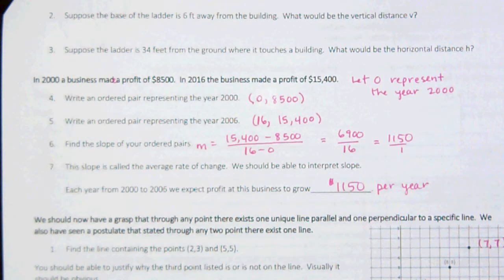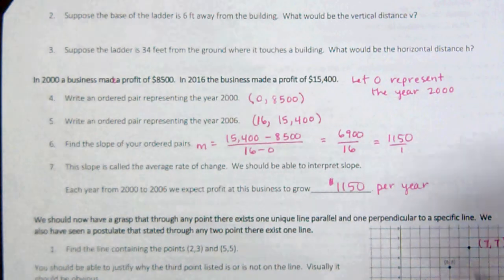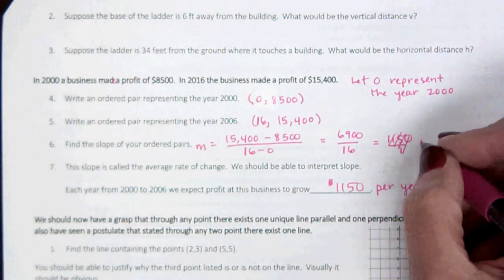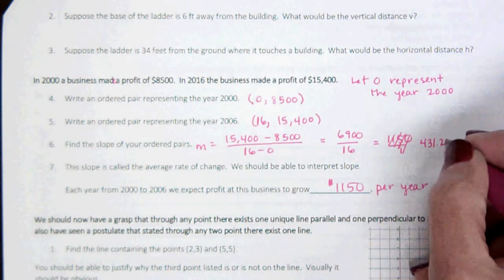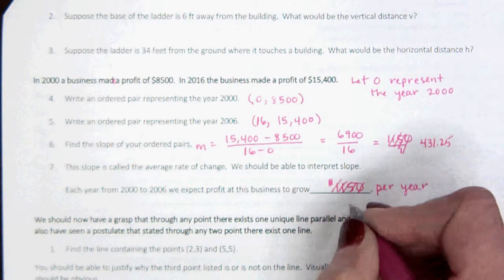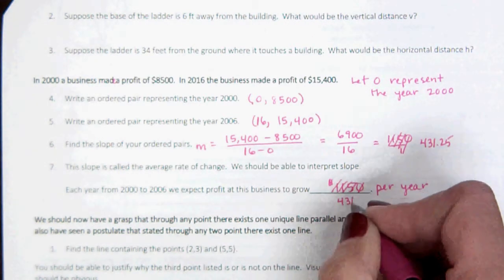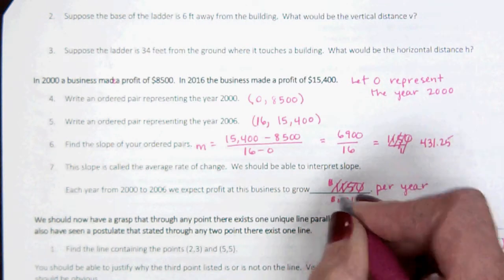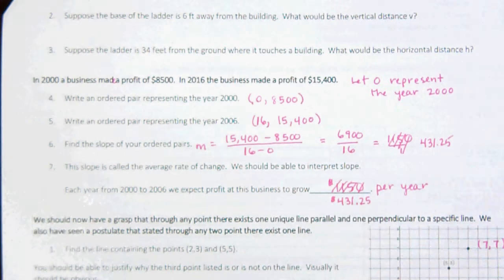Can I divide that by 16? And what do I get? I get not this, but I get $431.25. So every year the profit is growing by $431.25. Well, I'm glad I caught that error right now before all of you copied that down.